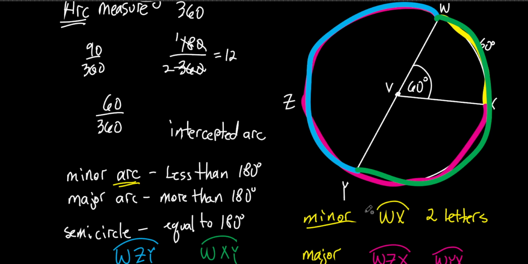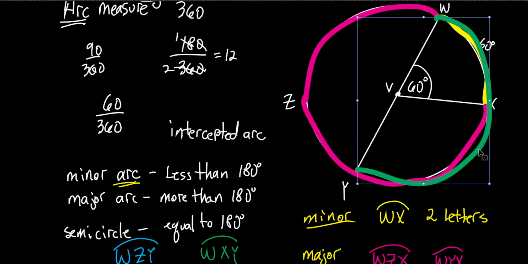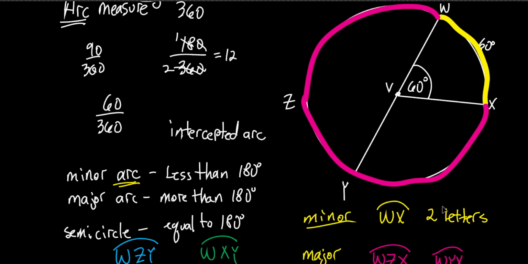What if I asked you, remember that pink one? Let's get rid of the blue one. Let's get rid of the green one. That pink one right there. What if I ask you what the measure of it is? Now, remember in the book, they put a little M in front of it when they do an angle? Remember that?